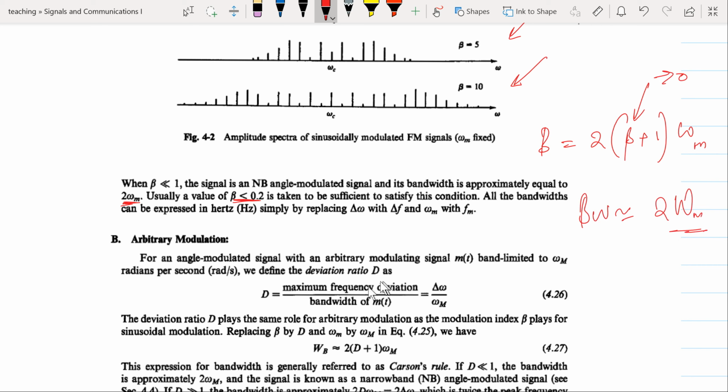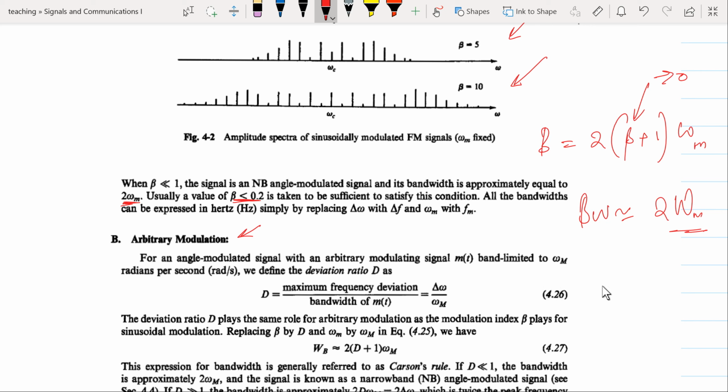And therefore, for an arbitrary modulation that is not purely sinusoidal, we can also define a similar term that allows us to estimate how much bandwidth the spectral components occupy.